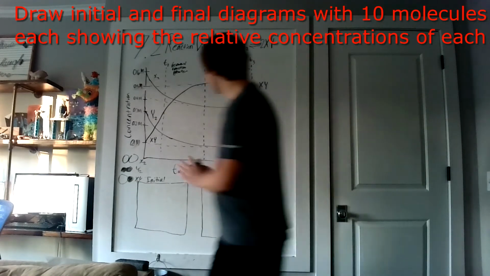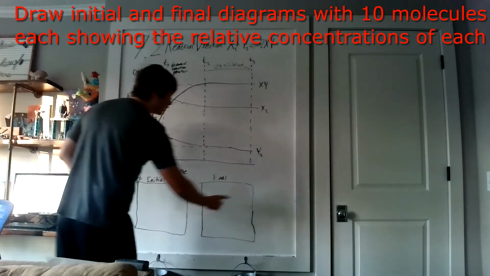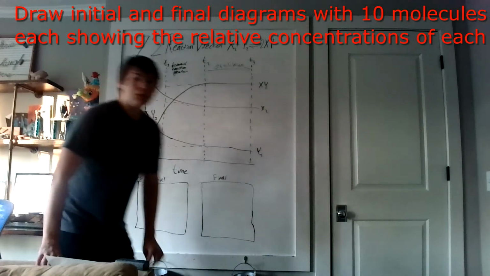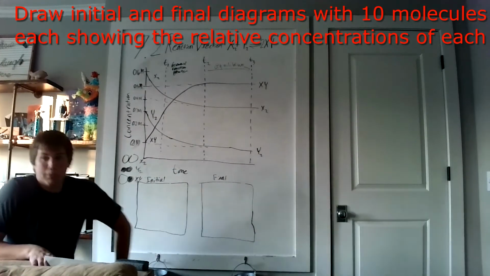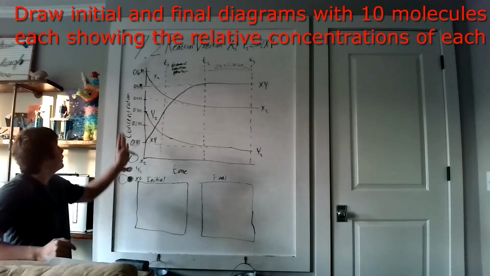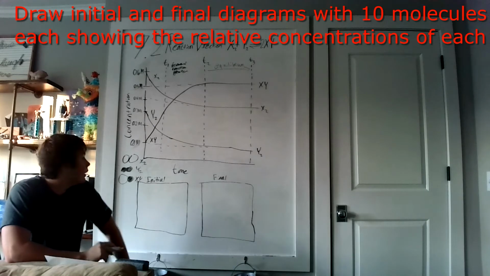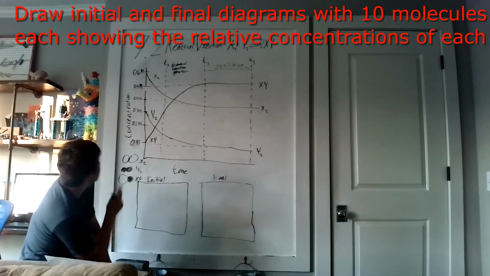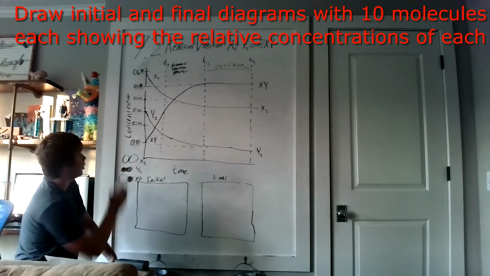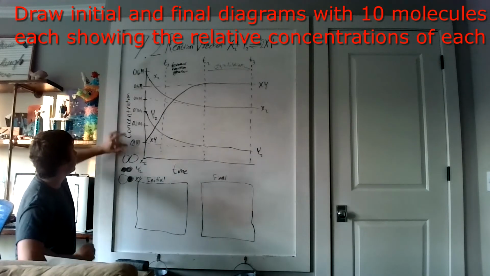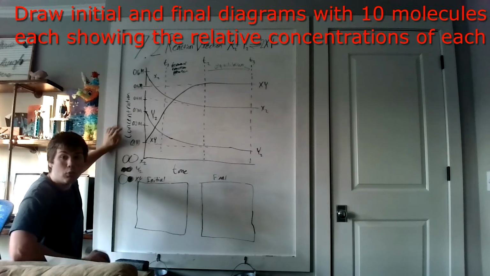Now, we have to draw diagrams of initial and final representations of the molecules in the concentration or solution. So, if we represent this with 10 molecules each, we'll see that 0.6, 0.3, 0.1 adds up to 1.